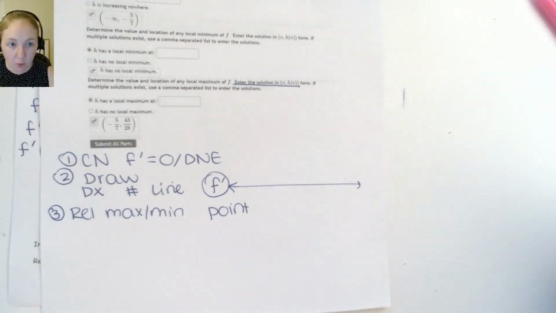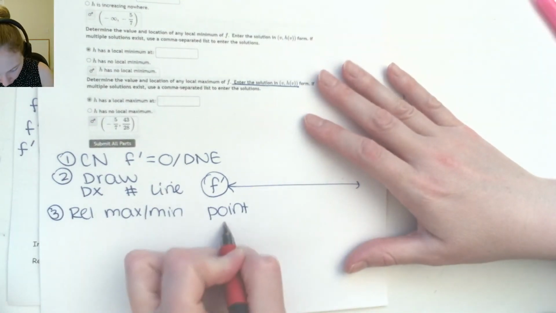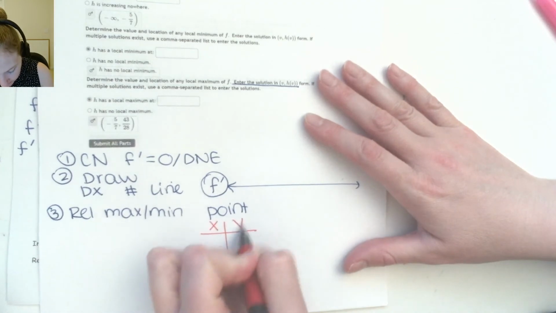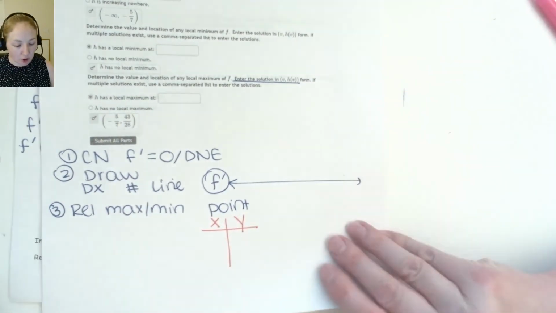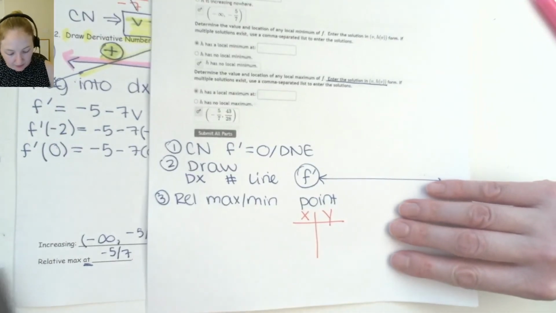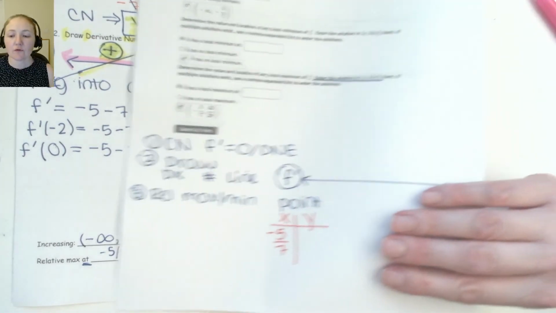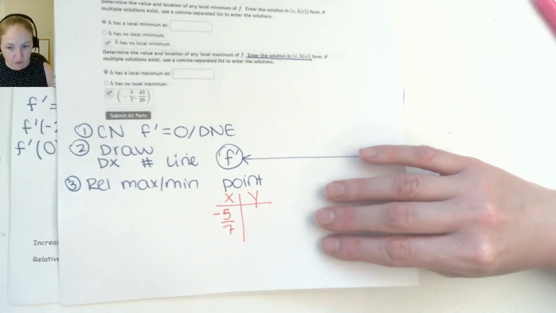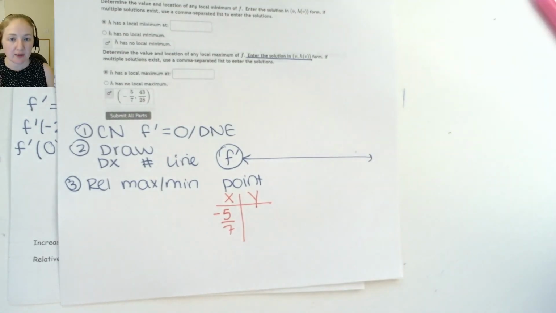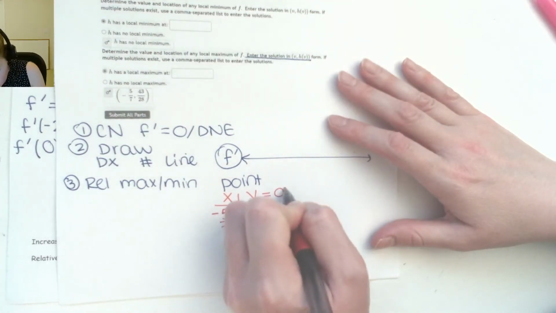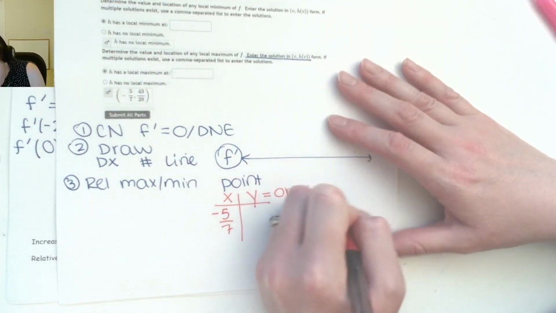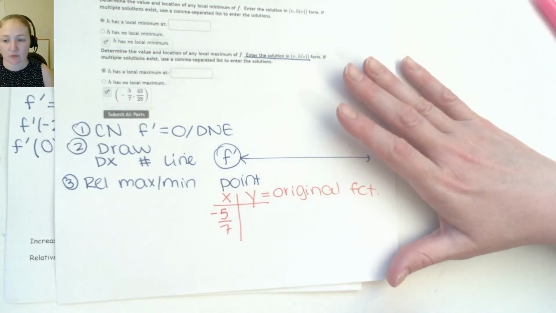And to find the point, remember a point is always an x comma y. You know the x value. You know the x value is negative 5/7. To find the y value, you are trying to find the y coordinate. That is the original function that you are going to use.